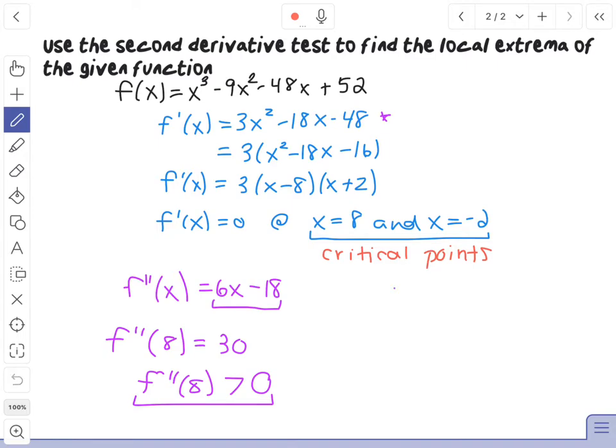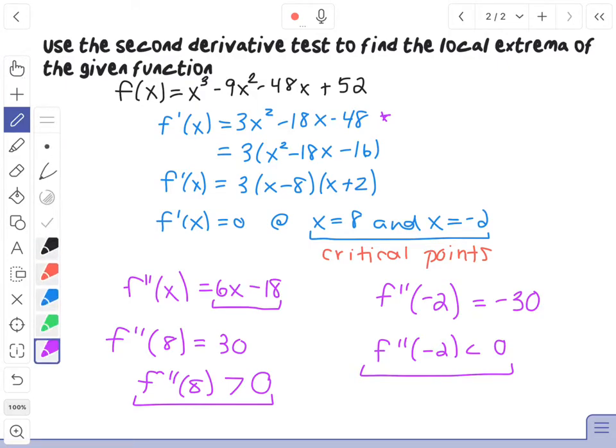What we'd see over here, if we plugged in our other critical point, negative 2, we would have negative 12 minus 18, which would be, what, negative 30? So we'd see here that the second derivative, in other words, was less than 0. What that would tell us, if we just conclude, is that our graph at x equals 8, since the second derivative is positive, is going to be concave up.